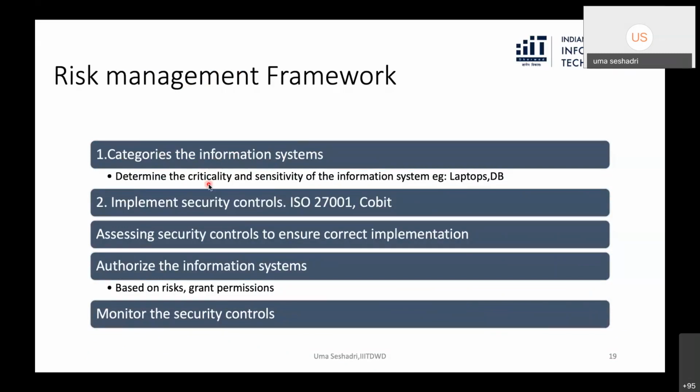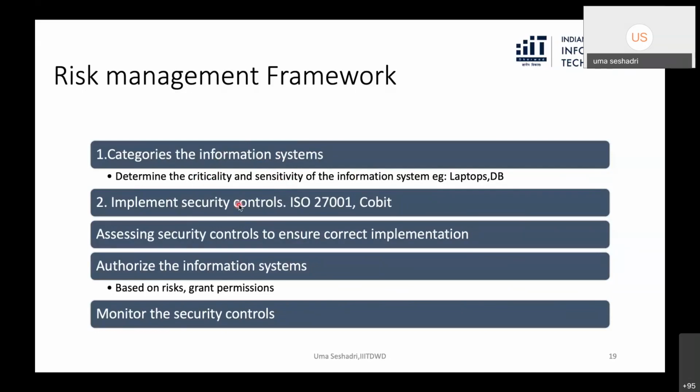Determine the criticality and sensitivity of those systems or devices. You can categorize all the critical elements in your organization and find out their criticality and sensitivity, and whether you are ready to compromise those elements. If not, then it has to be part of the information system. You want to protect it.